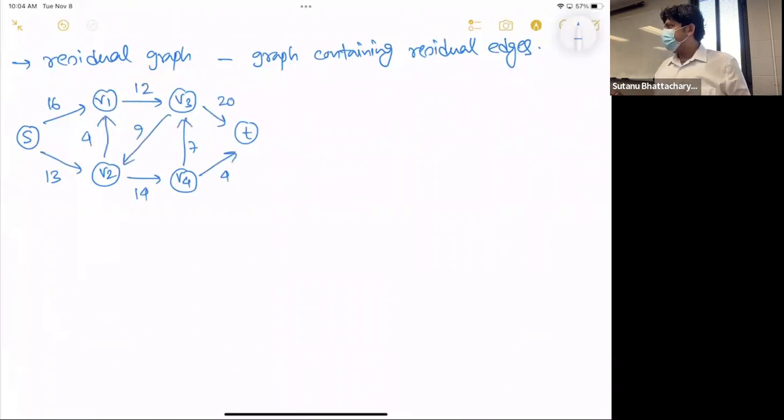Okay, this is the graph which is given. Now we need to find the maximum flow using the Ford-Fulkerson method. This is the graph I have drawn here on my iPad note. Now, can we copy this graph multiple times?